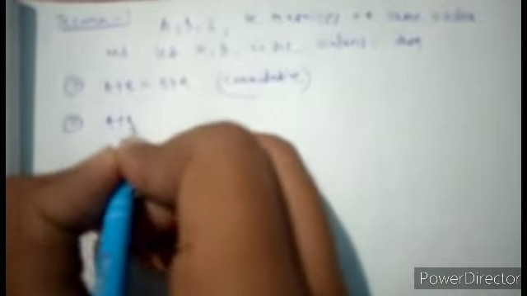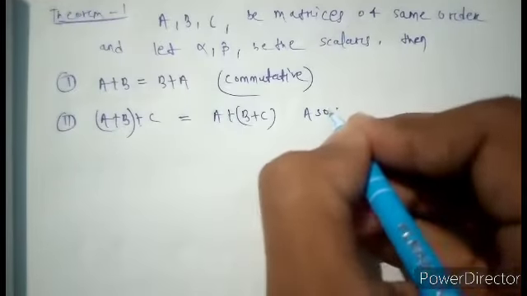The second one is A plus B plus C is equal to A plus B plus C, which is the associative law.